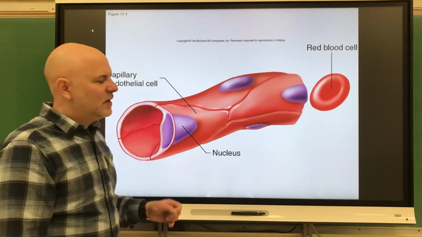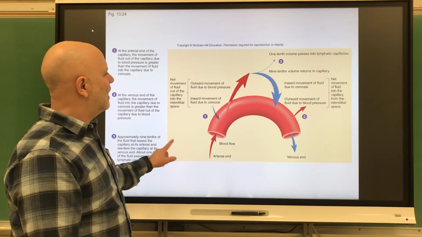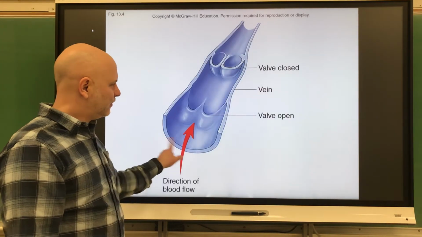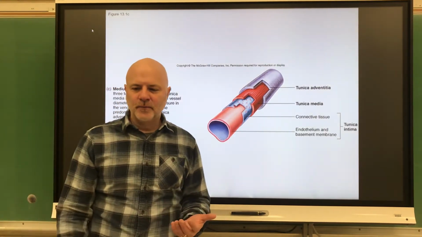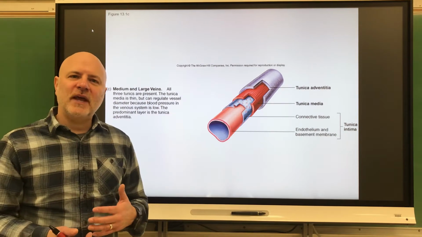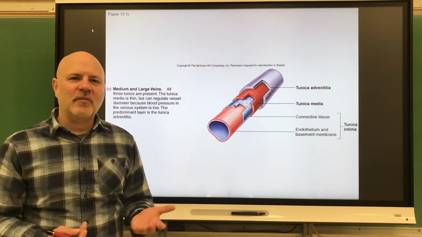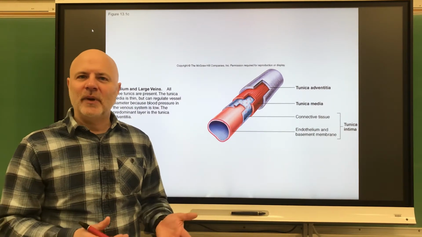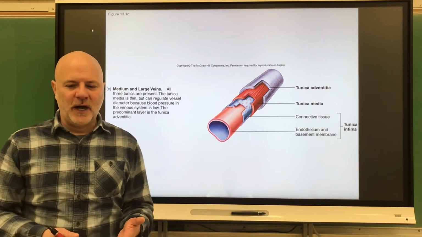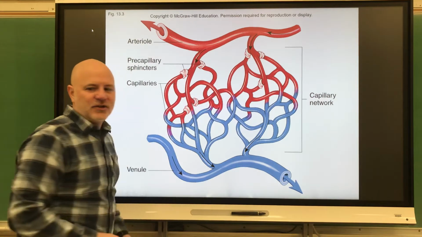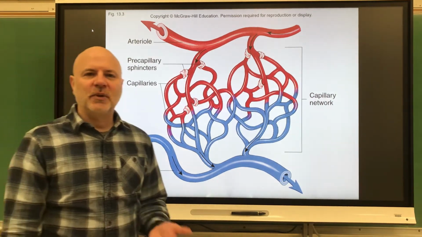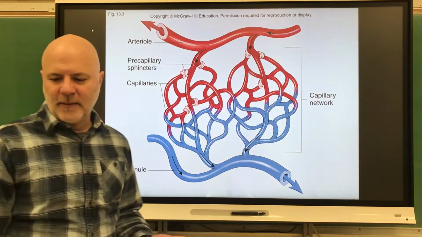All right. So next are veins. A vein is a vessel that carries blood to the heart. So most veins are low in oxygen and high in carbon dioxide, except for pulmonary veins, which are the reverse as well. Coming back here, a venule is essentially a small vein. It carries blood away from the capillaries to a vein.